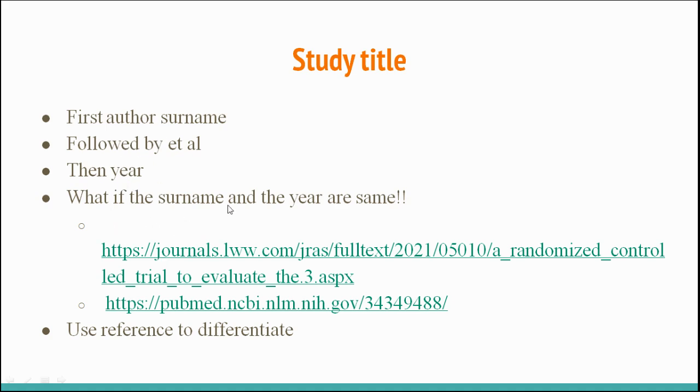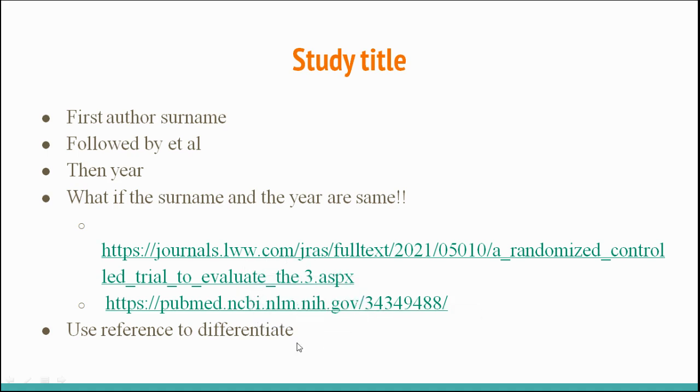What problem arises if the first author surname is the same and even the years are the same? I will try to put this presentation in the YouTube video so that you can go through it. These are two studies which I was working on along with my colleagues. They had the same initial author name and the year of publication.